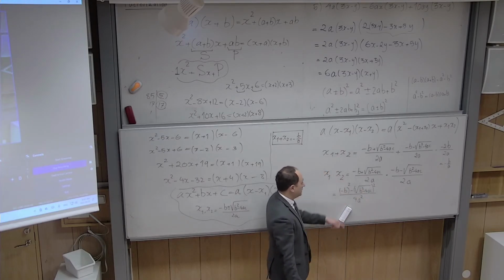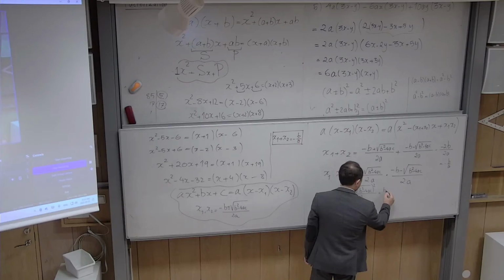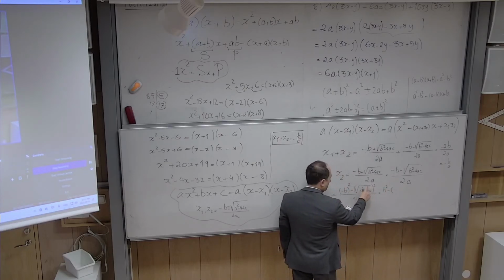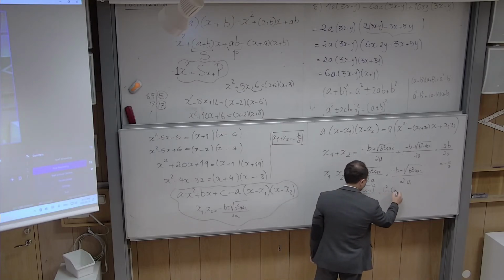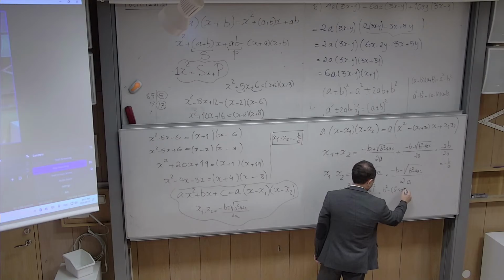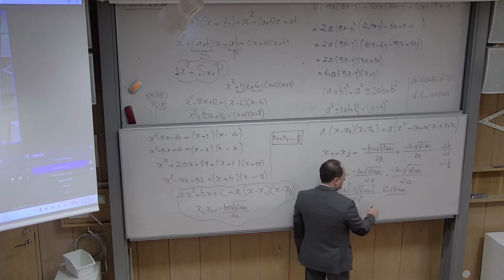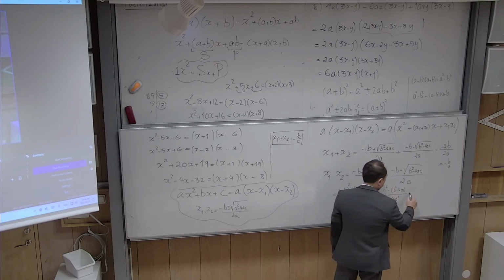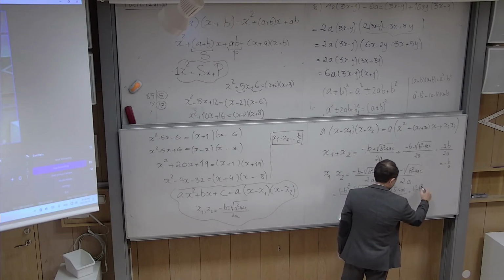The first one squared becomes just simply b squared. Minus, if I square this one, this 2 will kill this square root sign. It becomes b squared minus 4ac, divided by 4a squared. And then I multiply this minus sign in. The first one becomes negative.